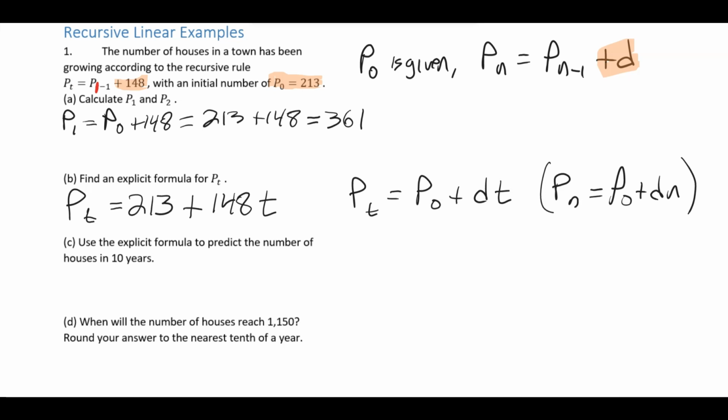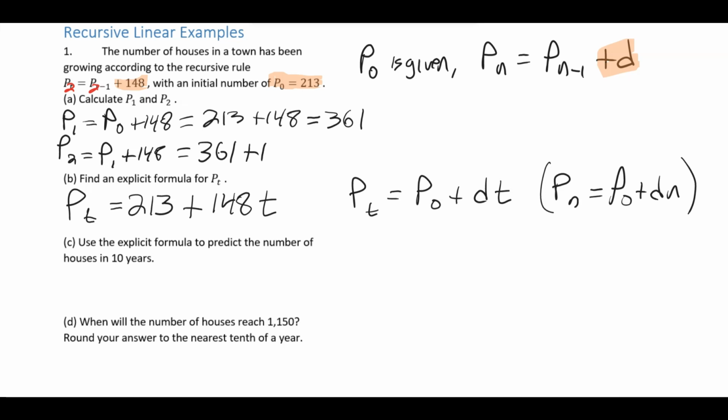All right, now if we let t equal 2, then our recursive formula turns into P sub 2 equals P sub 2 minus 1, which is P sub 1, plus 148. And we just found P sub 1, it's 361.